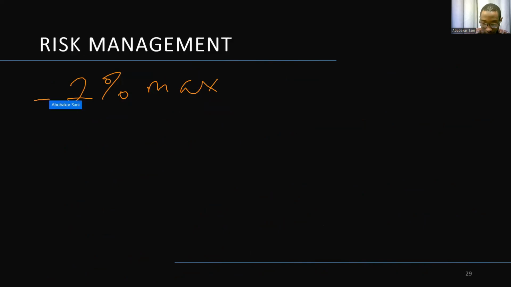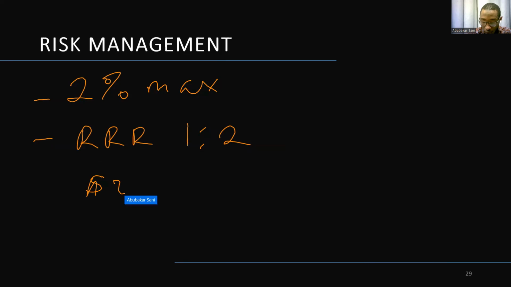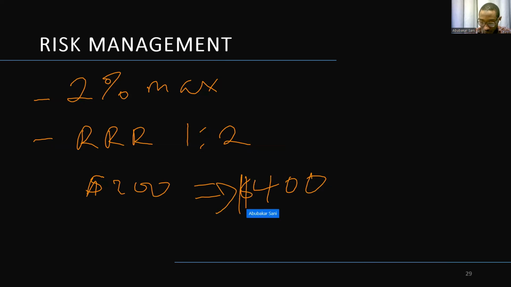We want our risk-to-reward ratio to be 1:2 minimum, meaning that if we are going to lose $200, then we are hoping to make $400. So that's our plan. That's what we want to achieve.